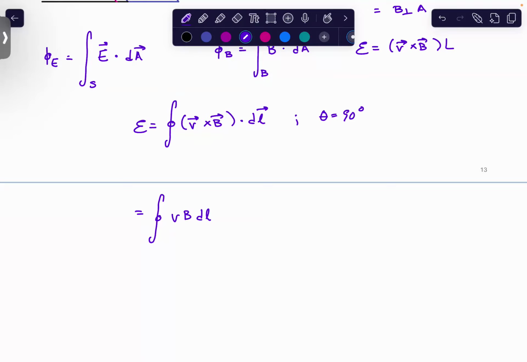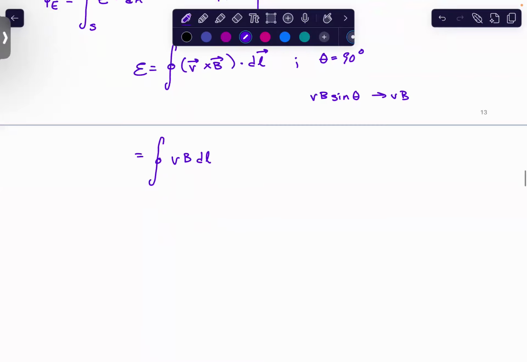Because what happens to the cross product at 90 degrees? So what is the cross product like? B cross B becomes what? So at 90 degrees, that just becomes V times B.